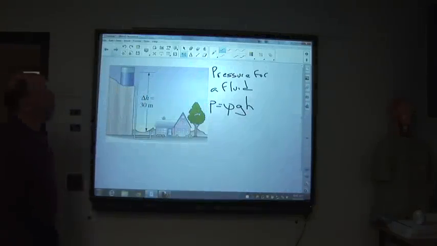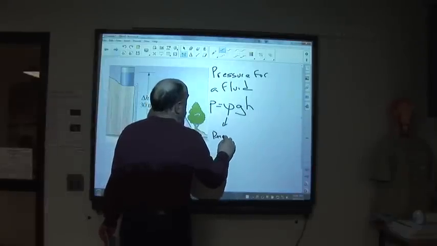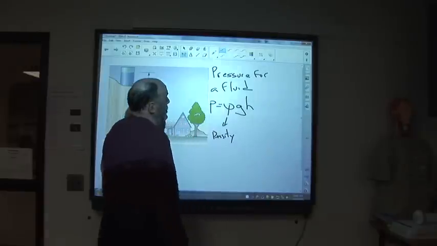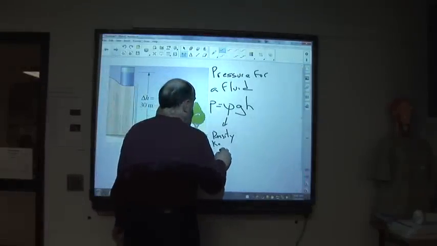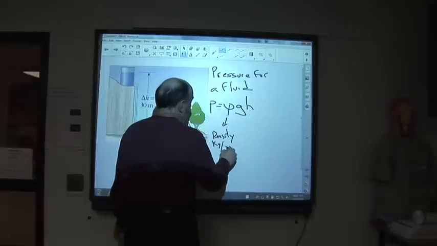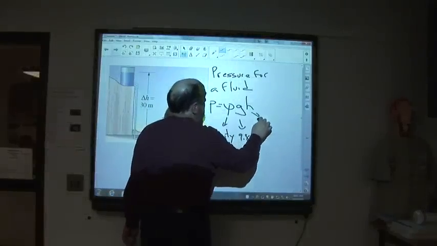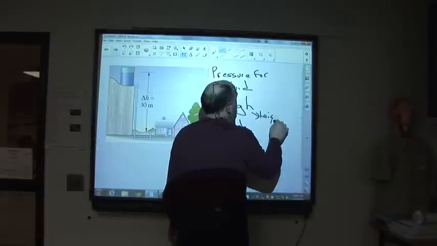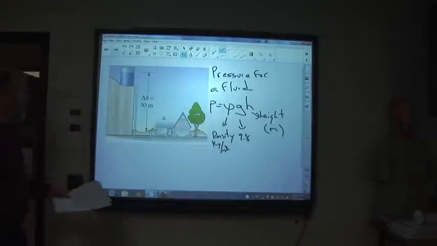P is the pressure, rho is the density, which is in kilograms per meter cubed, g is gravity, which is 9.8, and h is the height of the column, in meters. And so we can find how much pressure is acting.